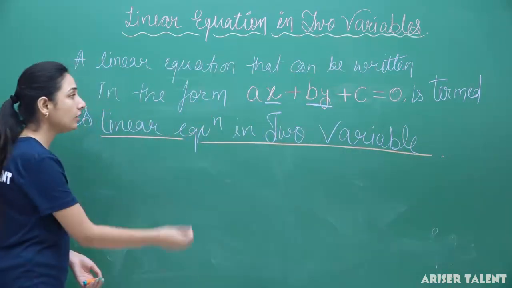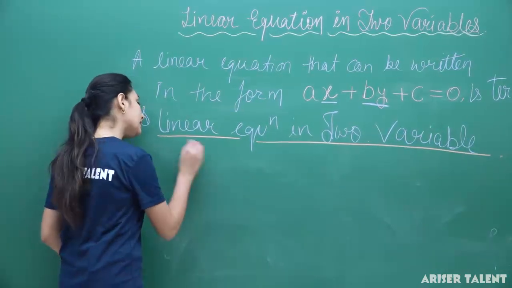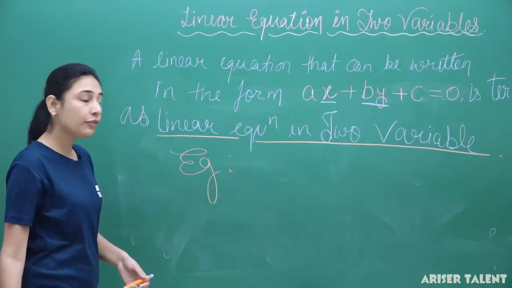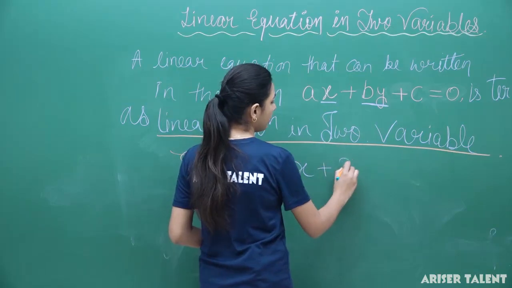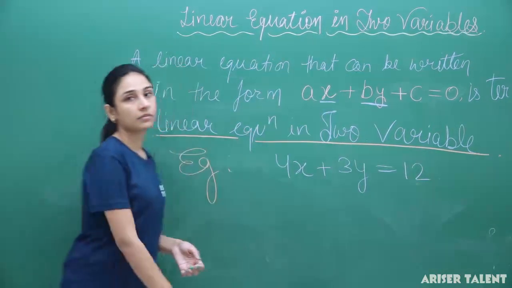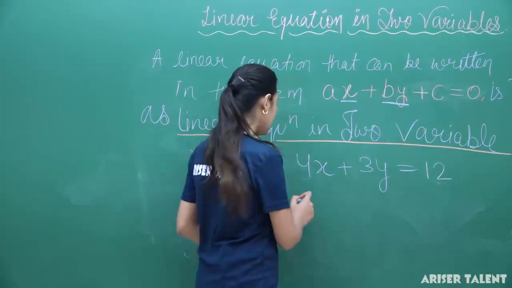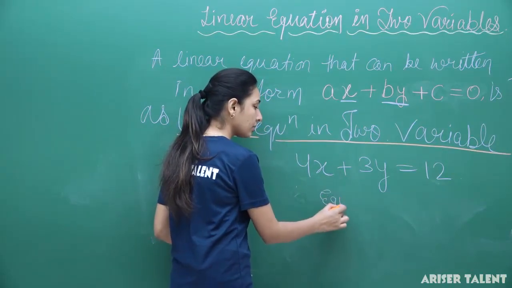Okay. So this is it. Now what are the examples? If you talk about the examples of linear equation in 2 variables, so that will be, if I write 4x plus 3y equals to 12. Right. So this is what? A linear equation. First thing, it is an equation. Okay.